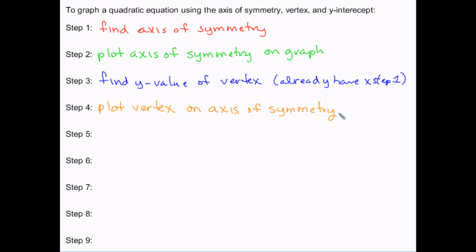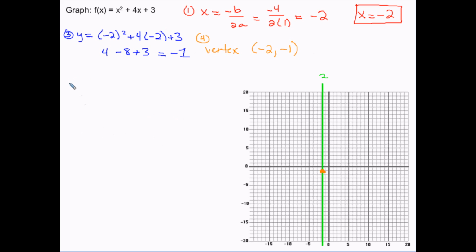Step 5, once I've plotted my vertex, I've got that taken care of. I've got my axis of symmetry. I now need to find my y-intercept. Okay, so that's step 5. And to do that, I plug in 0.